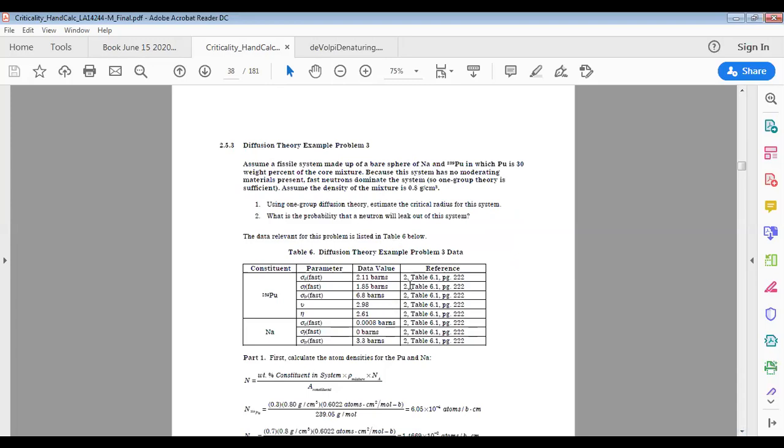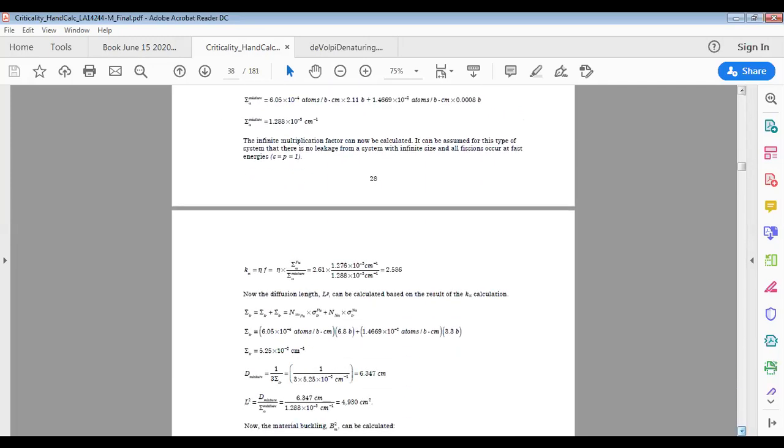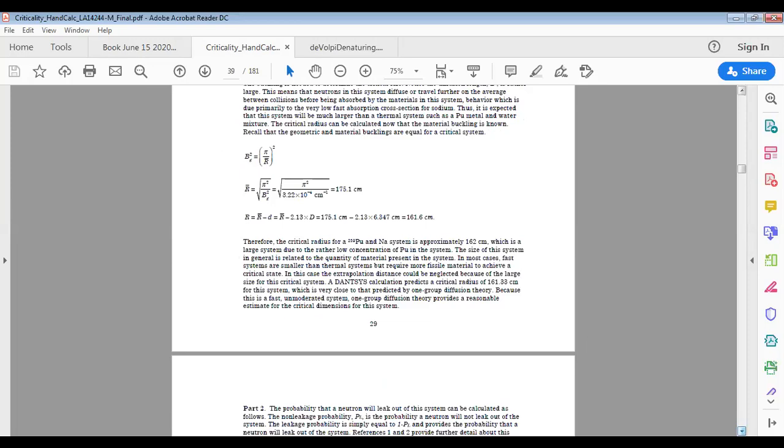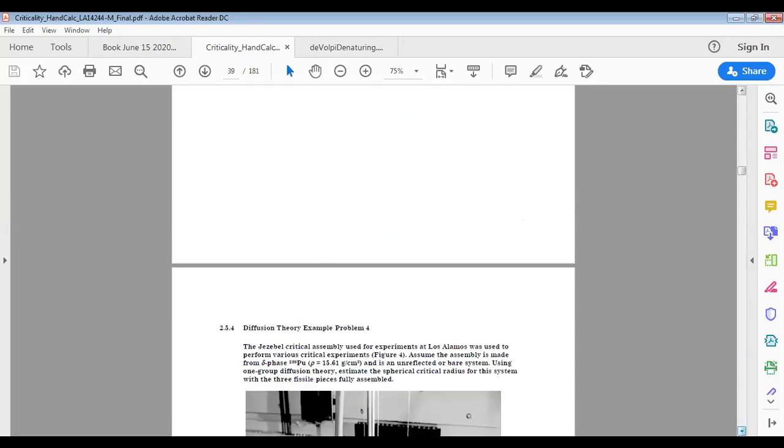So again, given this data using one group, the question is to estimate the critical radius and what is the probability that a neutron will leak out of the system. So what do you think the probability relevant to this is? Of course, it's the fast probability, it's not the thermal probability, because you're not going to have any thermal neutrons. So I won't take you through that.